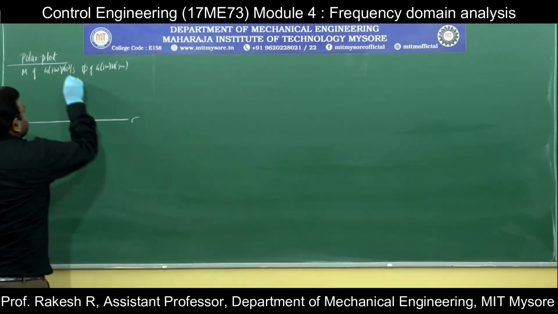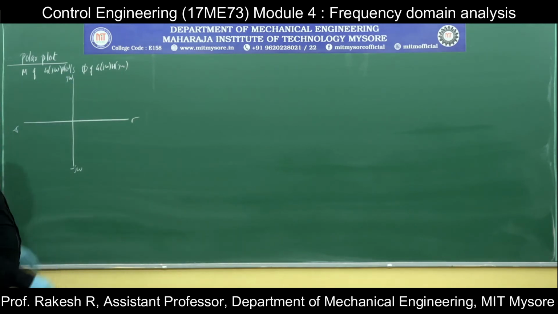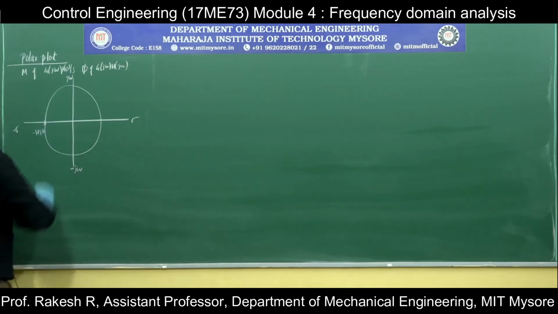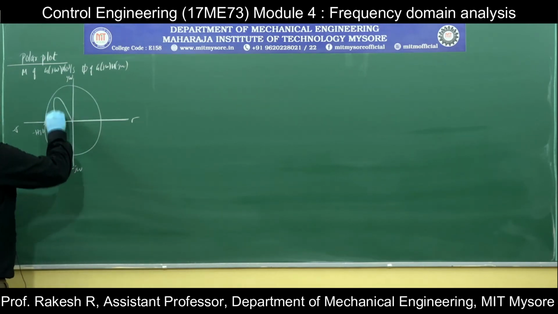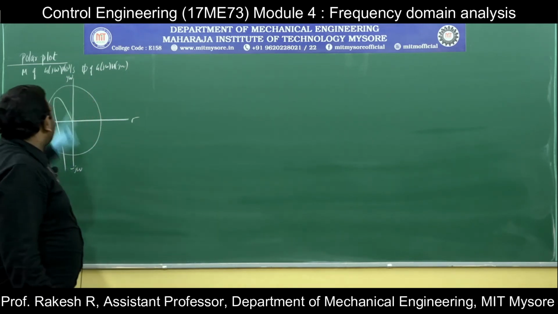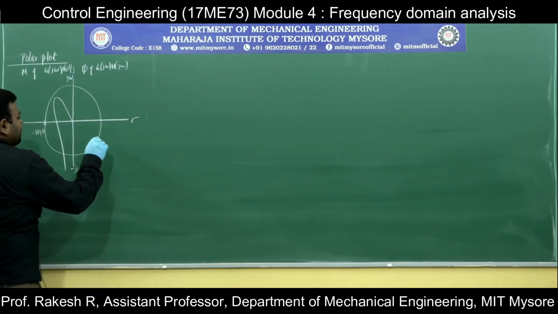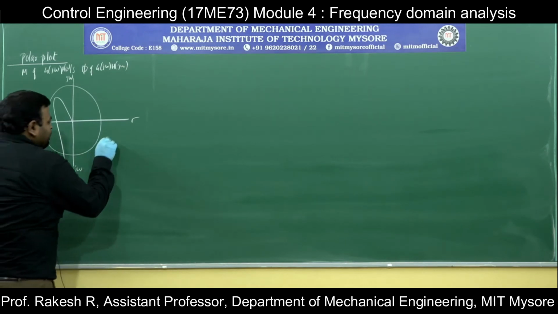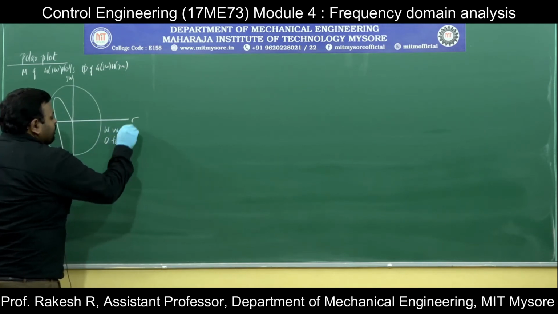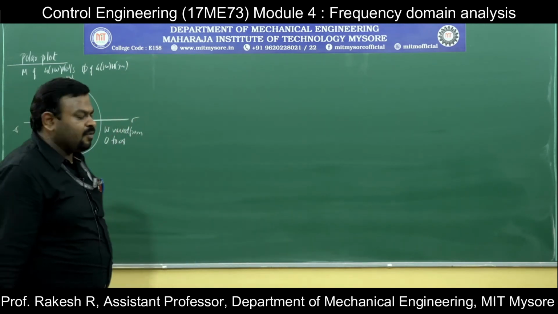This is sigma, this is j omega, minus sigma, minus j omega. First I will locate the critical point, minus 1 plus j0. This is a circle. This itself is a polar plot, provided you vary omega from 0 to infinity. This is the condition, and you will get a polar plot.